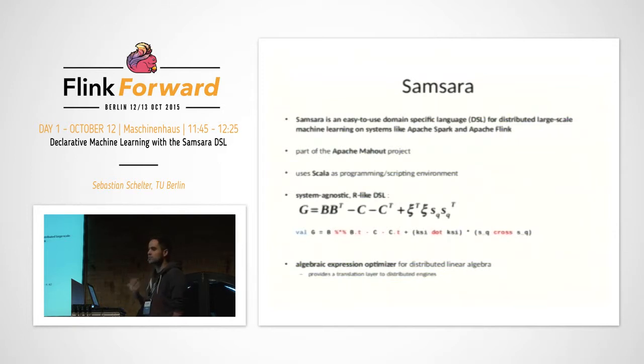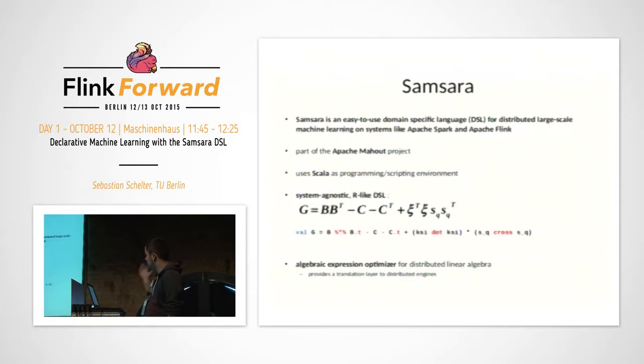So it's very easy to do something wrong and to produce programs that either run very slow or that are hard to read. And the ideal environment would be something that looks like R or MATLAB, which people who have a background in statistics or mathematics are familiar with, but automatically runs in parallel on these systems. And this is what Samsara tries to provide to you.